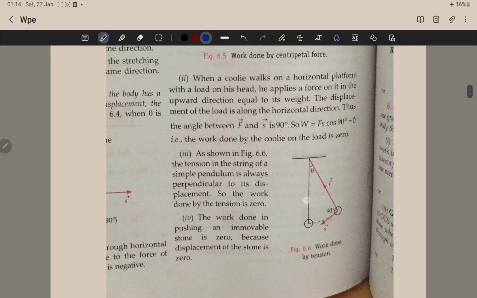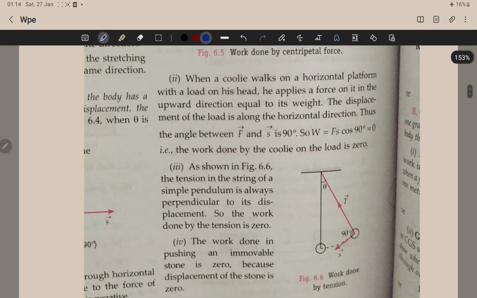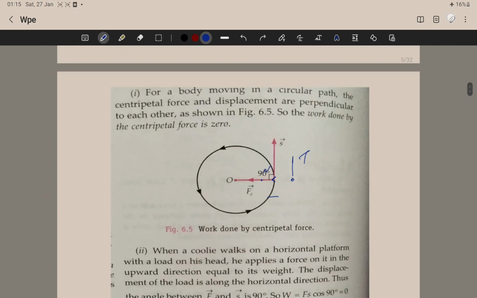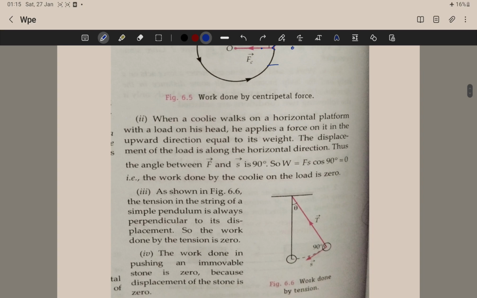And there are some more examples, like when a coolie walks on a horizontal platform with a load on his head. He applies a force in the upward direction. What happens when we lift any object upward?